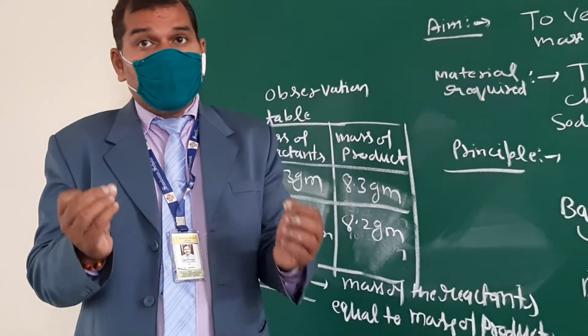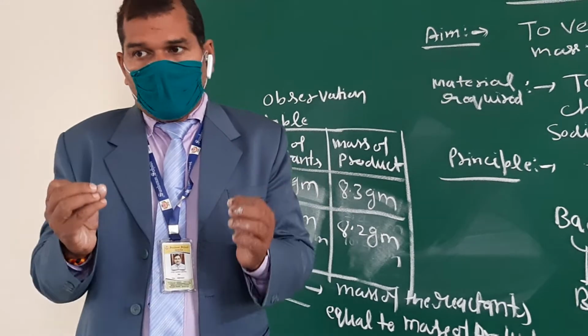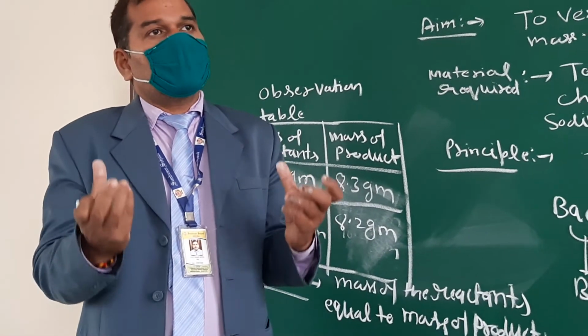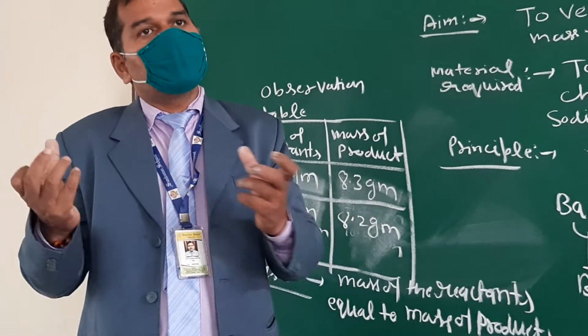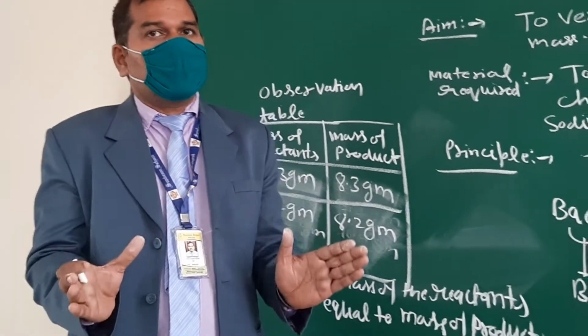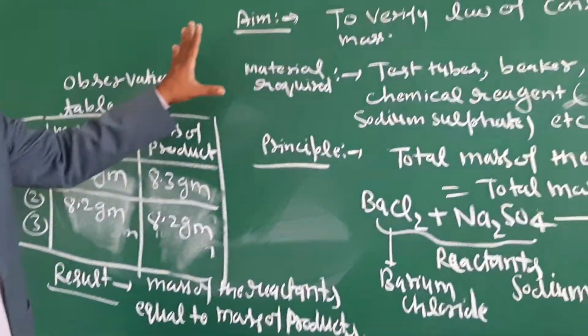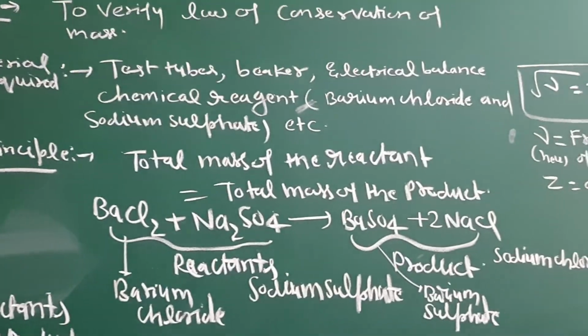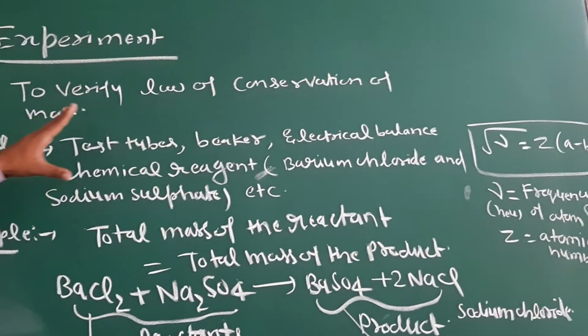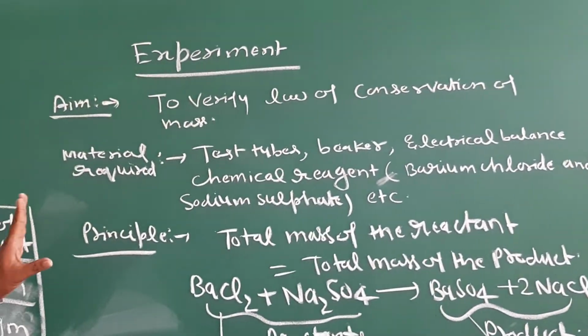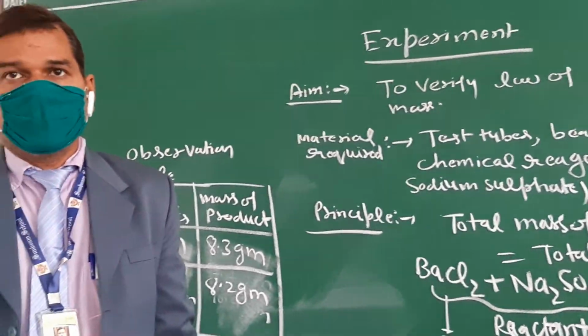Because if heat and energy are released, then the mass of the reactants will change. This is the practical to verify the law of conservation of mass. Okay, thank you.